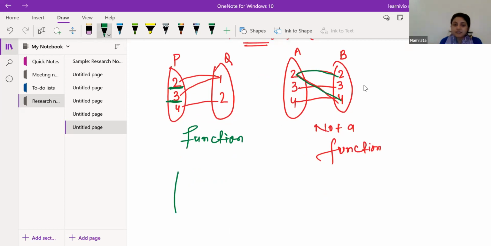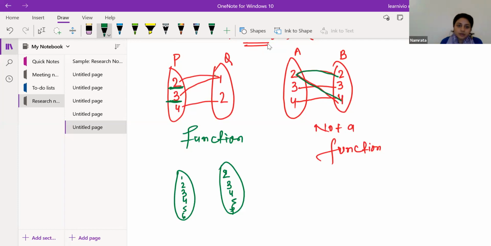Similarly, suppose we have 1, 2, 3, 4, 5, 6 on one side, and 2, 3, 4, 5, 6, 7 on the other.